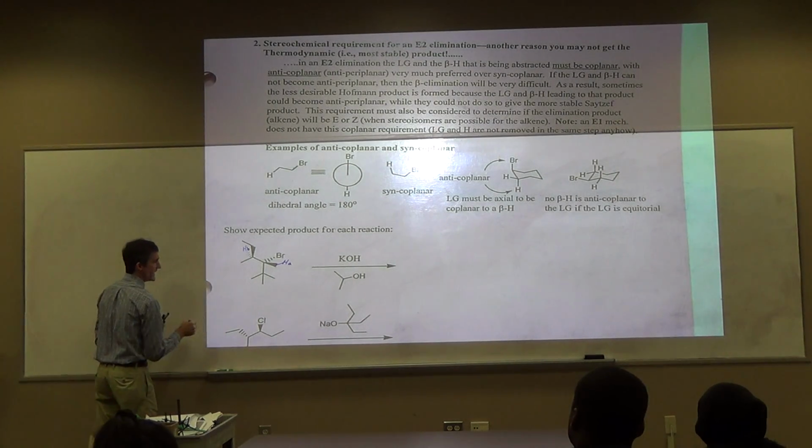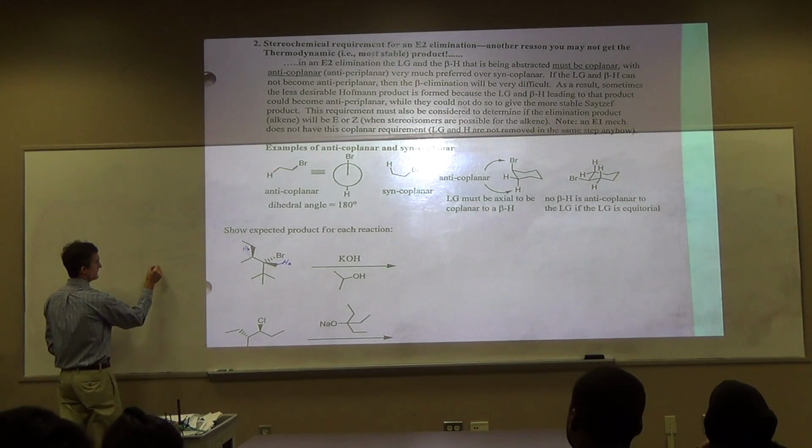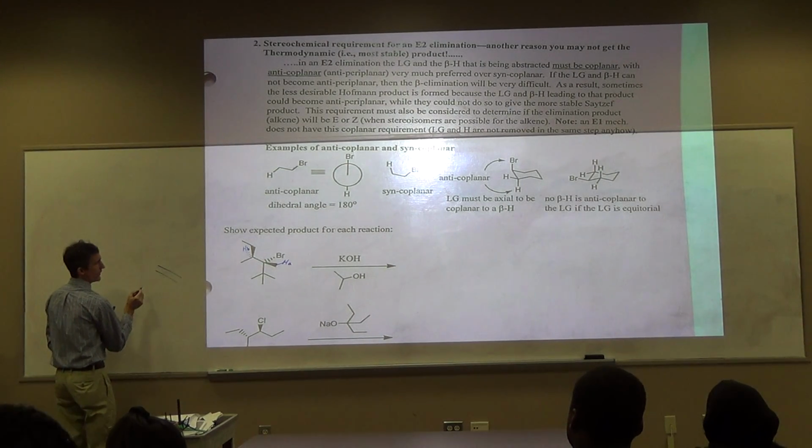If you remove HA and do a beta elimination, put a double bond between this carbon and this carbon, the product will look like what?